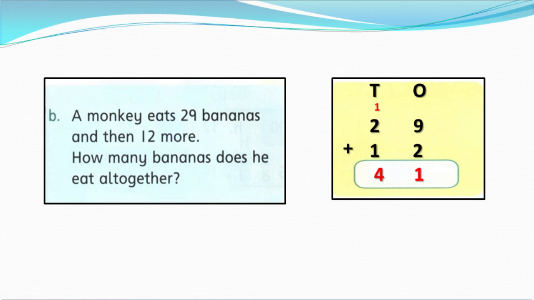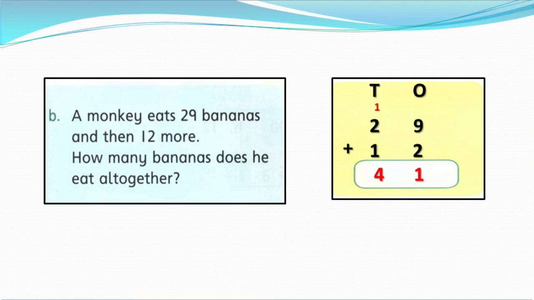We will write 1 in the ones column and 1 ten will convert into the tens column. Now add tens. 1 plus 2 equals 3 and 3 plus 1 equals 4. So monkey ate 41 bananas altogether.